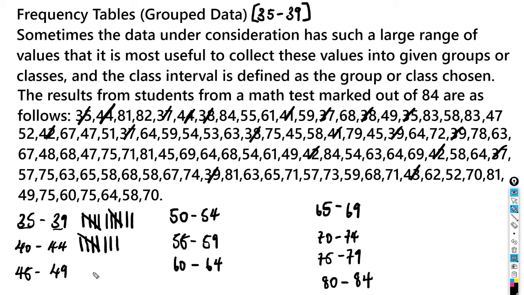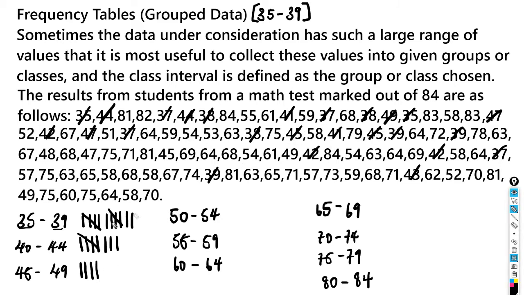The next one is 45 to 49. Let's start from the top again. We're looking for anyone between 45 and 49, so that's 1 here. Then we have 47, so that's 2. Then another 47, so that's 3. Then a 45, so that's 4.